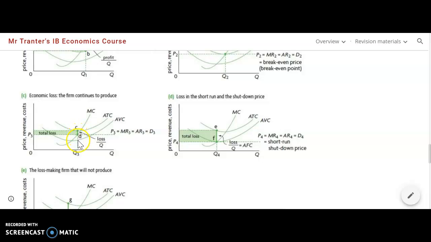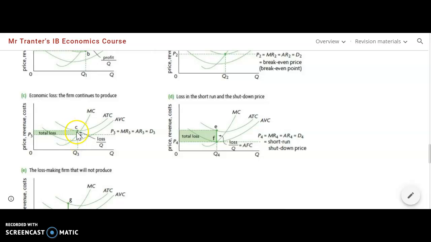However, we are still covering our average variable cost. Our price, our average revenue, is covering our average variable cost. Therefore, this is making a contribution to fixed cost. Therefore, we are better off by continuing to operate, because if we shut down, the loss would be greater.